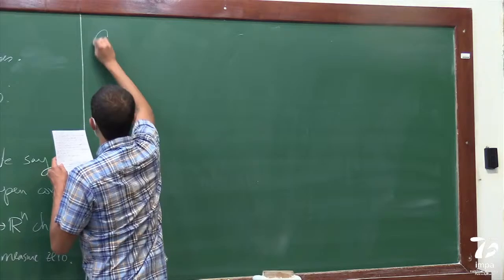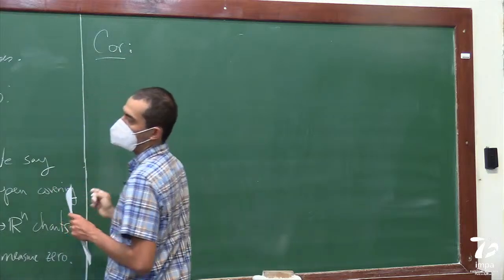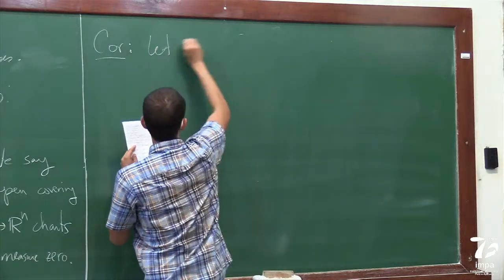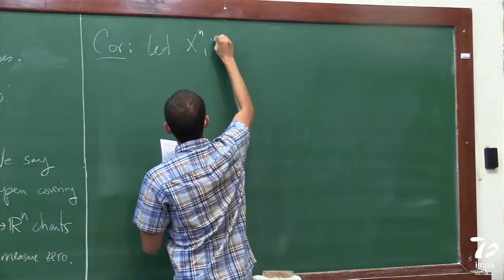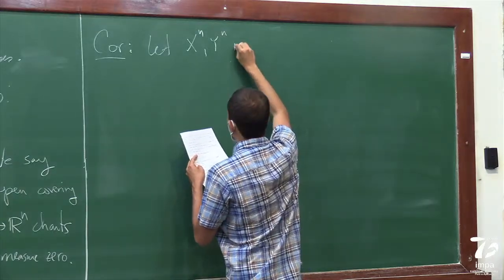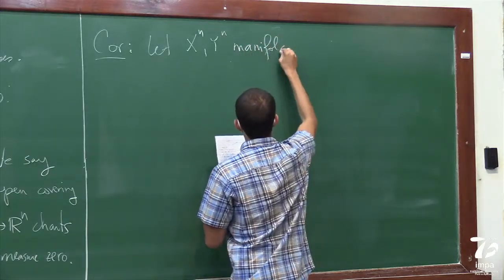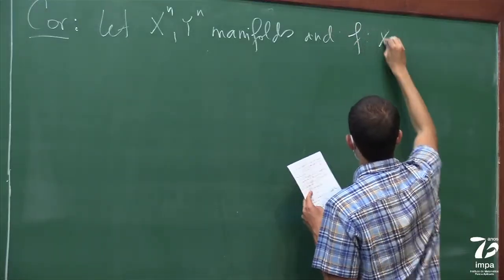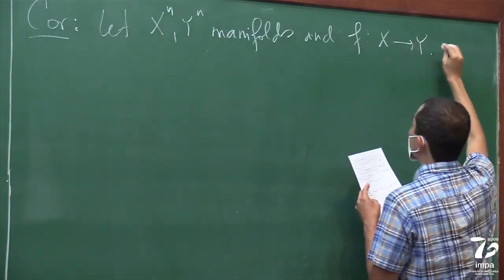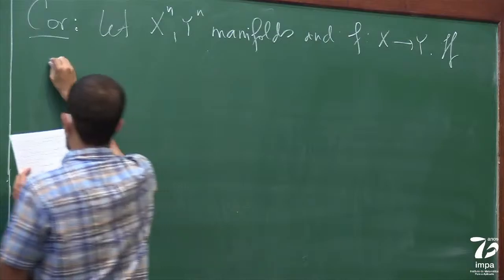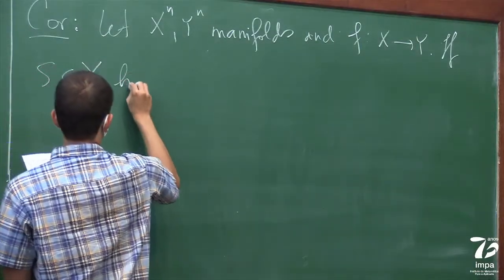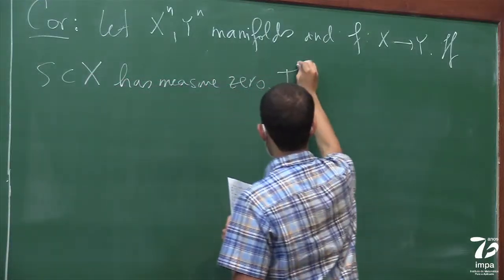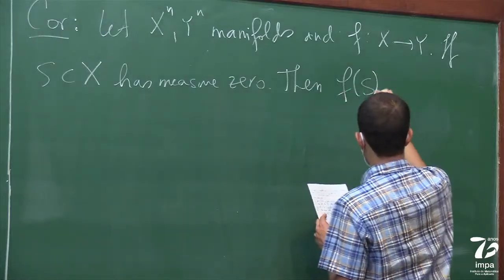Okay, so a corollary of this, I guess this is a corollary of the previous proposition, is that if I take two manifolds of the same dimension, X and Y, and you take a smooth function from X to Y, and you take a subset S of X which has measure 0, then the image of S has measure 0.